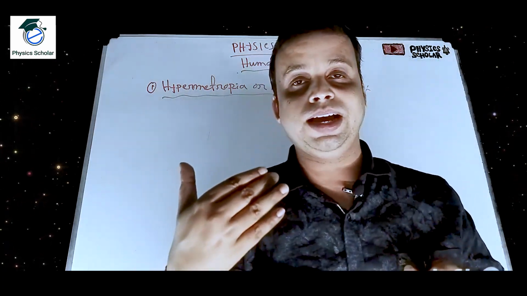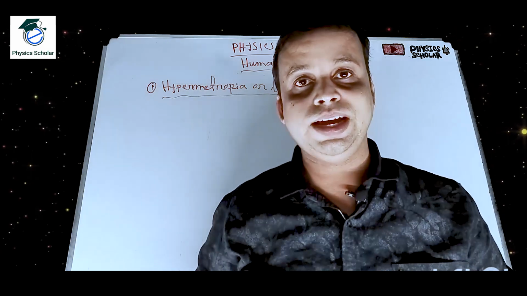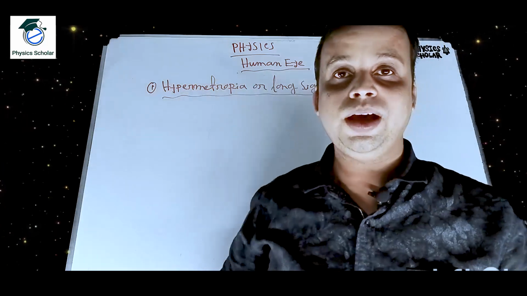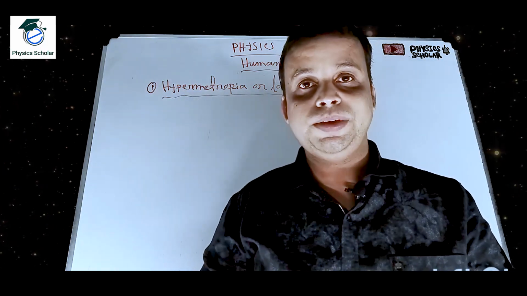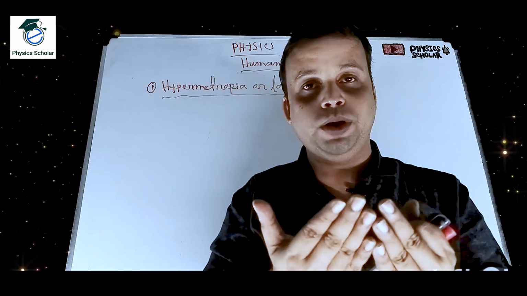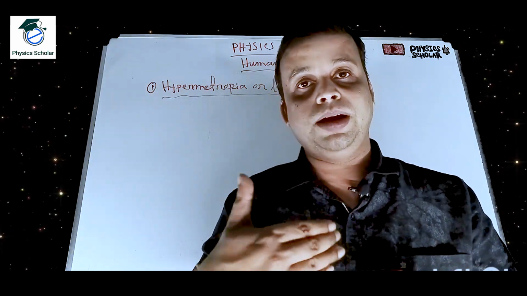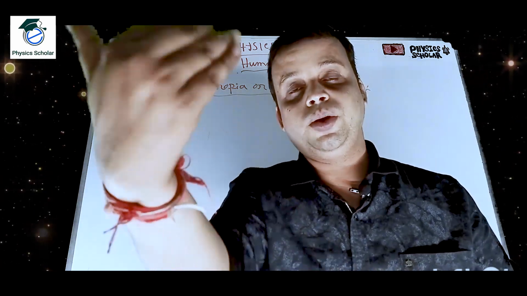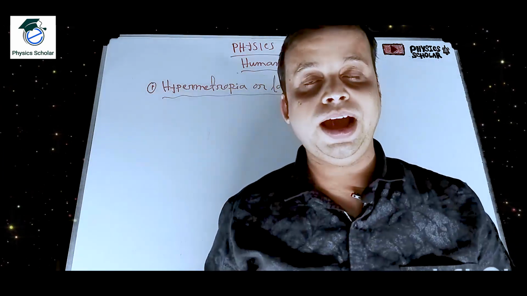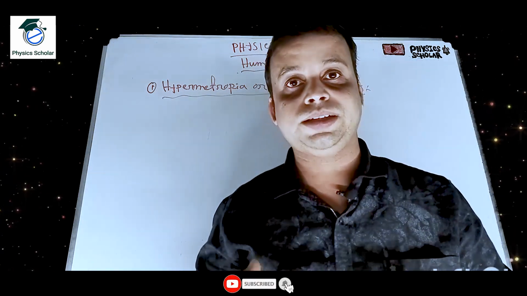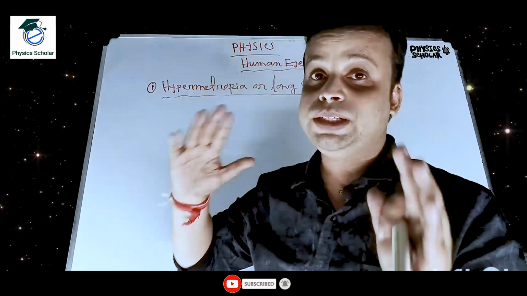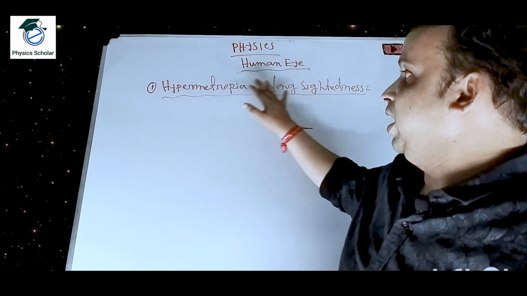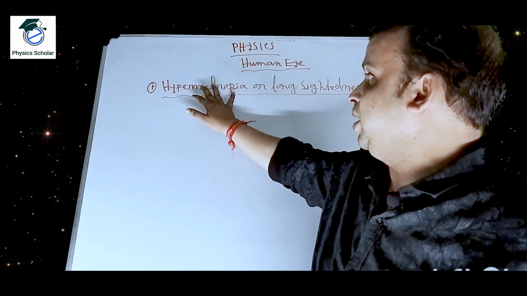We can see the distant object properly but cannot see the nearby object. That is known as hypermetropia or long-sightedness. When the object is at a minimum distance of 25 centimeter, it is fine, but when it is nearer to the eye, we cannot see it properly. But when the object is at infinity or far away from our eyes, then we can see it clearly. So our vision is fixed on the long distant object. That's why it is known as long-sightedness, and the scientific name is hypermetropia.